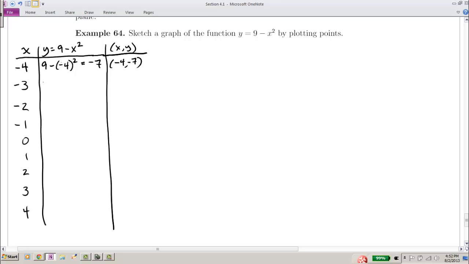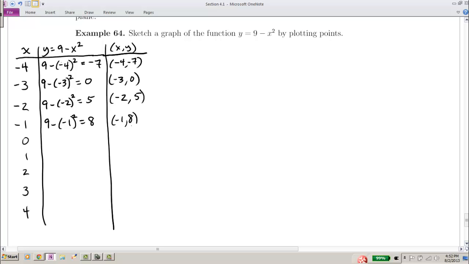So now we'll continue with the others. 9 minus the square of negative 3. That's 9 minus 9, 0. 9 minus the square of negative 2 is 9 minus 4, or 5. 9 minus the square of negative 1 gives us 8. 9 minus the square of 0 is 9.